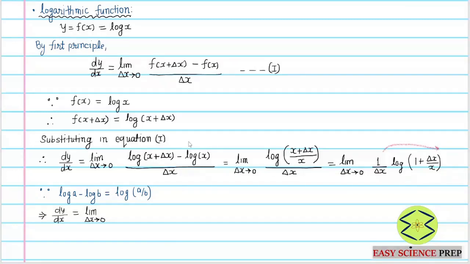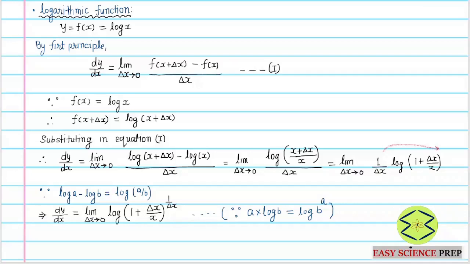What you will get is interesting: log of 1 plus delta x by x whole raised to 1 over delta x. We have a relationship like this, since a times log b is log b raised to a.